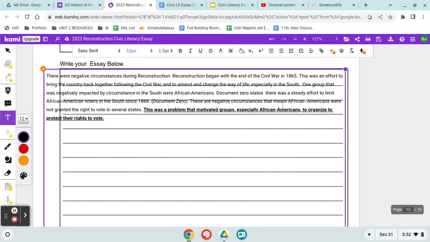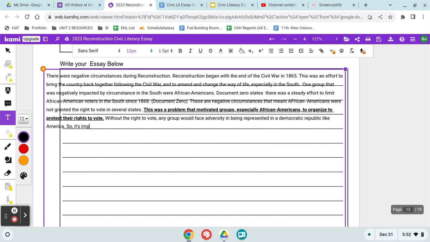Okay, I like my document quote here. I like that it shows that they weren't granted the right to vote in several states. There's a problem. I'm going to try to continue this really briefly here, but I have to wrap this up. Without the right to vote, any group would face adversity in being represented in a democratic republic like America.